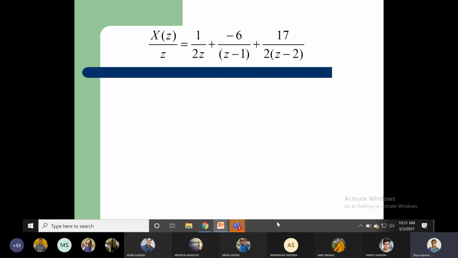Now what is the next step? You have to take z to the other side. Taking z to the other side, you will get this equation. Now let us compare this equation with the general Z transform pairs. So what is z upon z minus 1? Can anyone tell? What is z upon z minus 1?